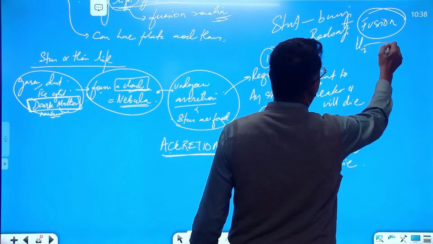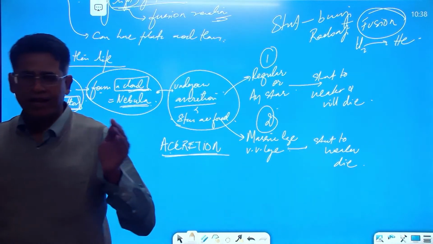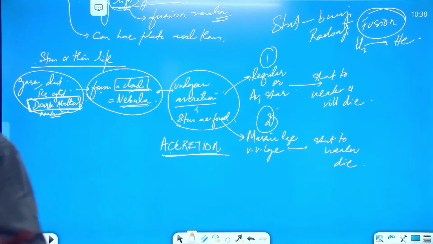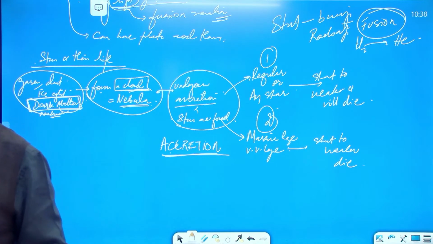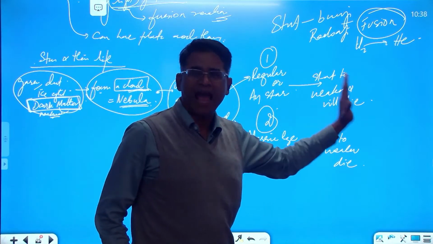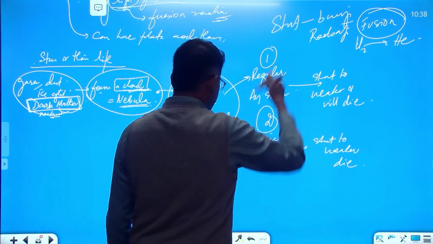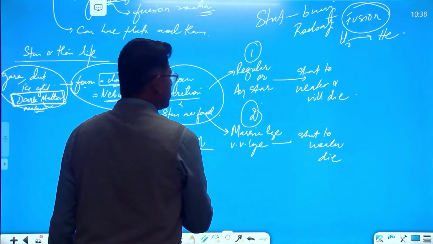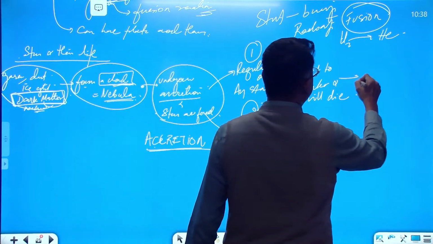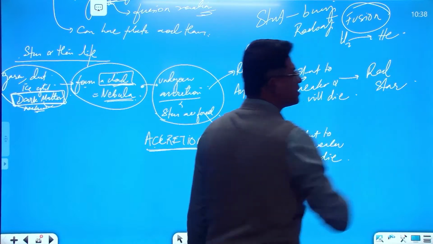The hydrogen converts into helium. So the time comes when all the hydrogen gets consumed, and the star becomes ultimately dead. Either way, the star will start to weaken and will die. What happens is a regular star becomes what's called a red star. It becomes a red star.